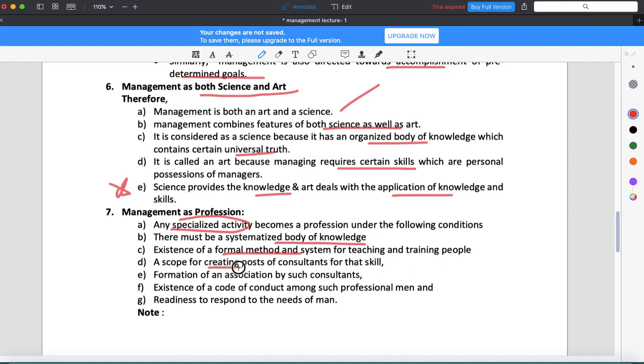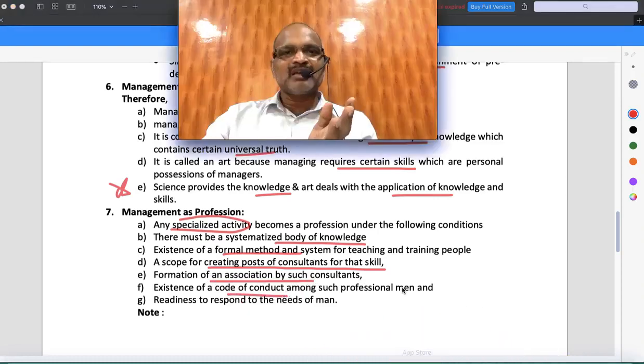There is scope for creating consultants. I mean, when I'm a CA, I can become a consultant of so-and-so. It can form an association of consultants like a CA body, CA firm, CMA firm, CS firm, etc. A code of conduct will be there. I mean, every CMA, every CA can work only according to the institute guidelines.